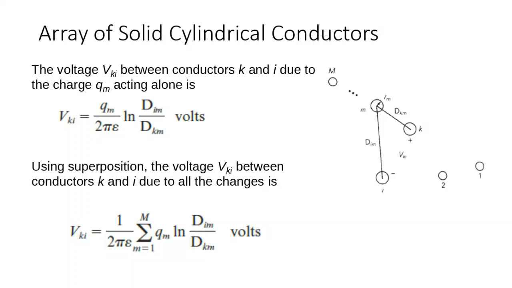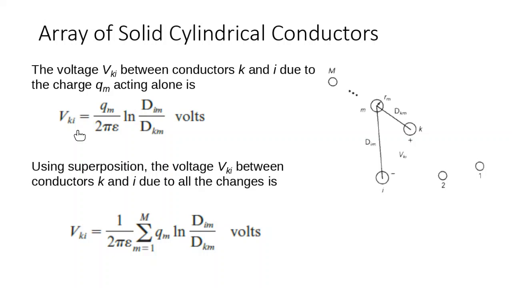So simply we can determine the voltage Vki between conductors k and i, due to the charge in conductor m. When we talk about a voltage, we talk about the electric field, and we know the voltage is the integration of the electric field.